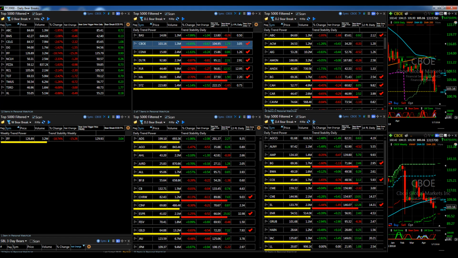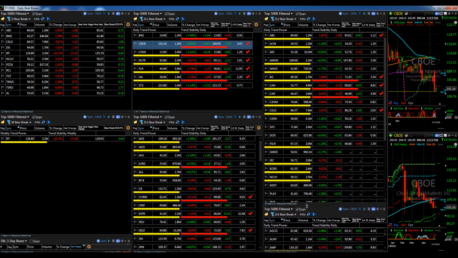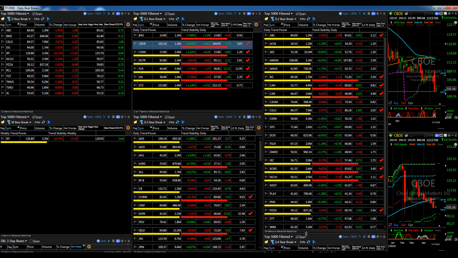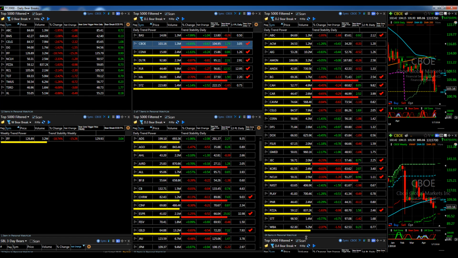Next column over was 3 days ago. Quite a number of stocks on this list, 24 stocks. That's all of them in view there. You can see the ones that continue down with strength and still have momentum, staying in the newly calculated bear zone as they continue down.